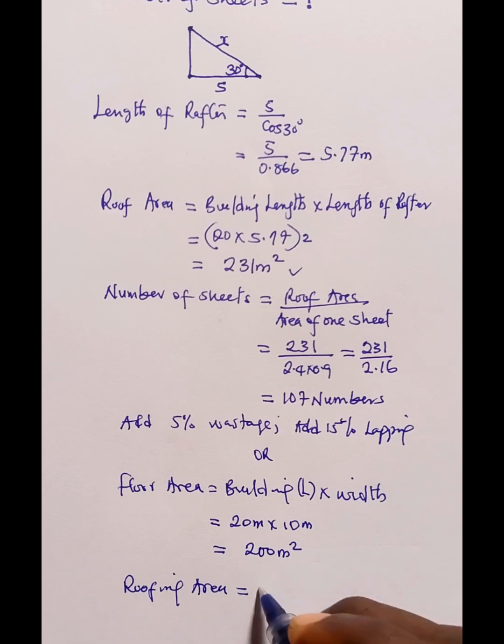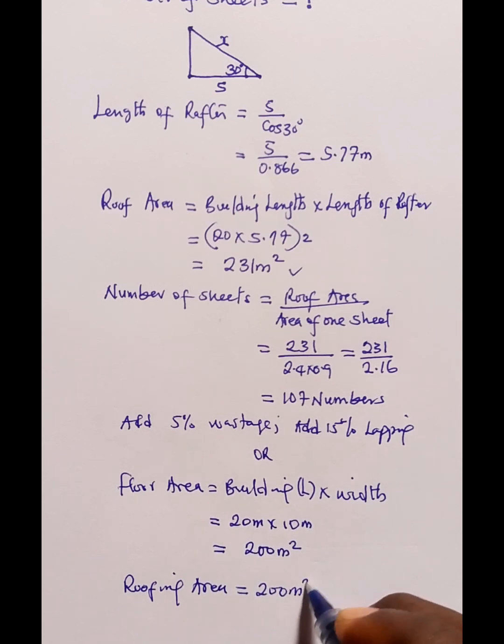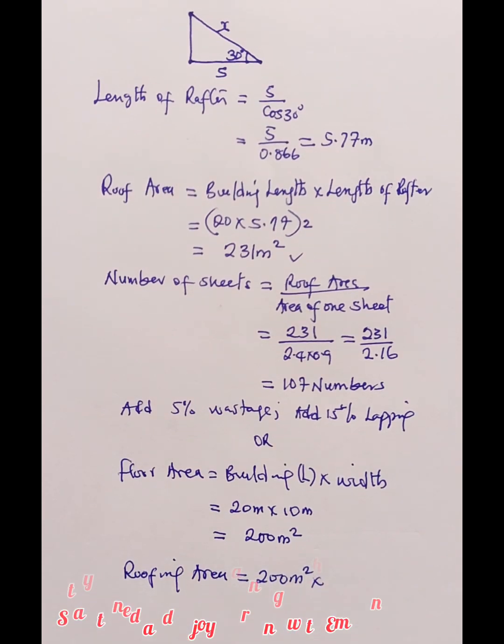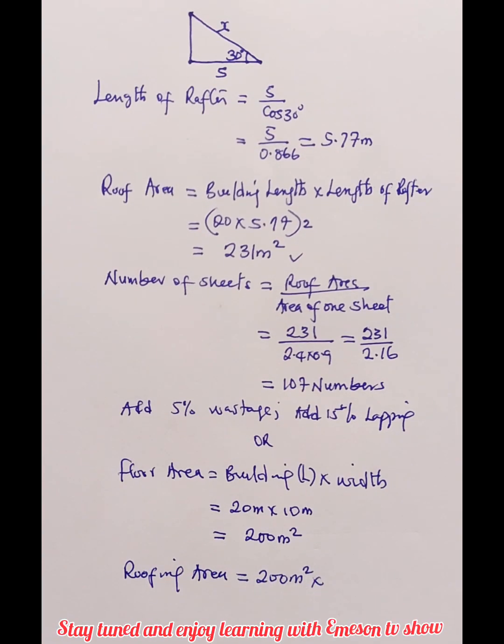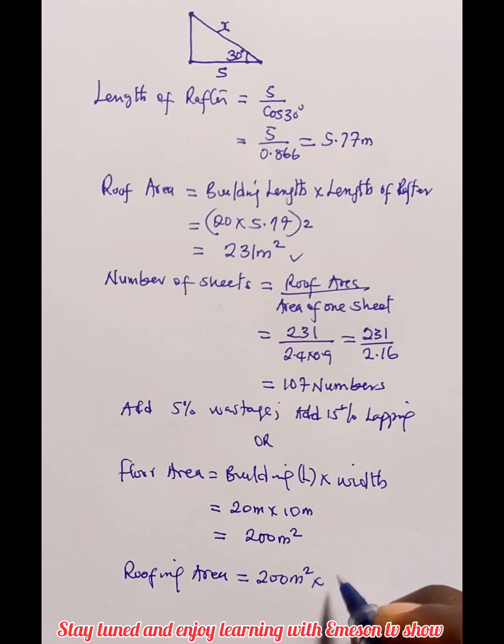So I will use this floor area of 200 square meters multiplied by a multiplying factor which will take care of the slope. Remember the first method I used the slope. This one I'm not using the slope. I'm using a multiplying factor that will take care of the slope. For 30 degree pitch, the multiplying factor is 1.155.